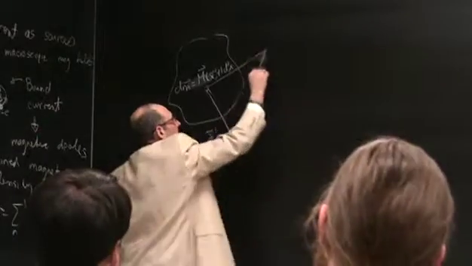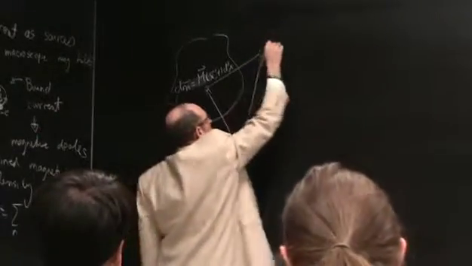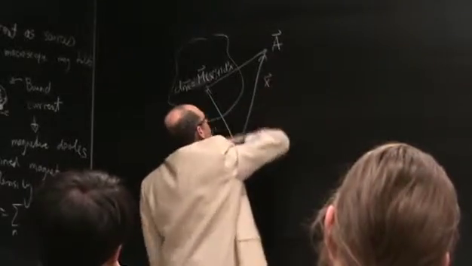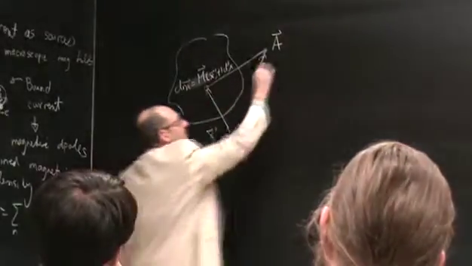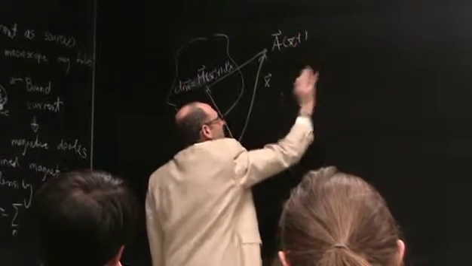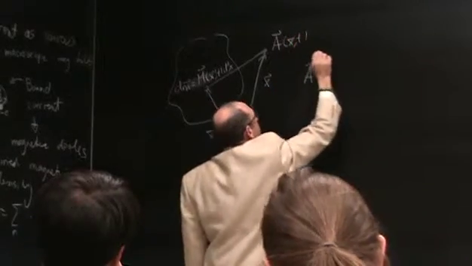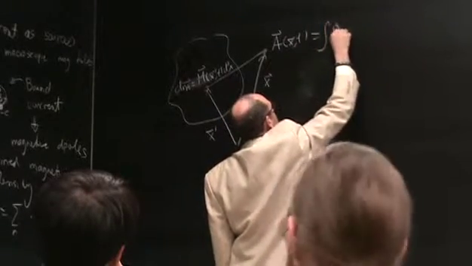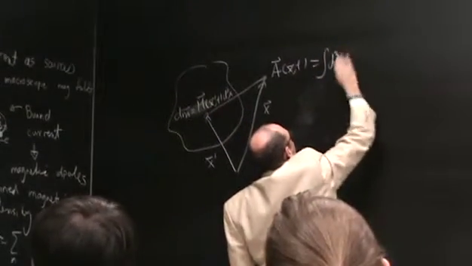And I'm looking at the field over here, and I want to know what is the vector potential associated with this dm. So what is dA? Well, that's the whole integral. A of x and t is the integral over all these dm's.